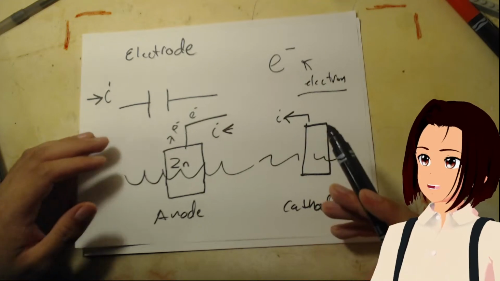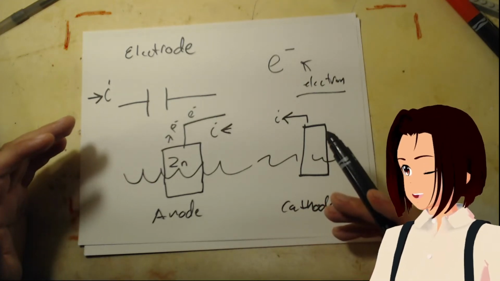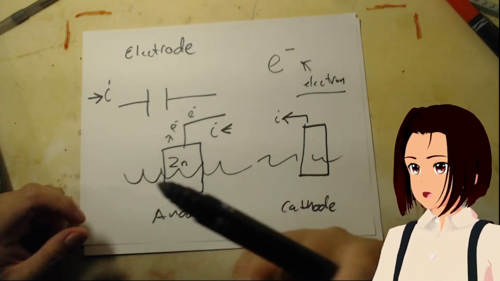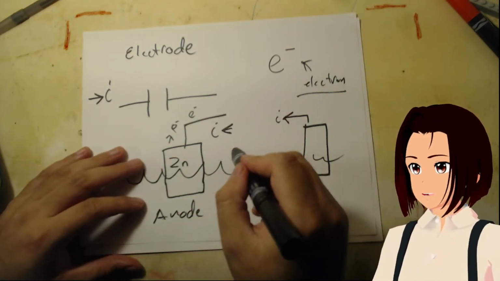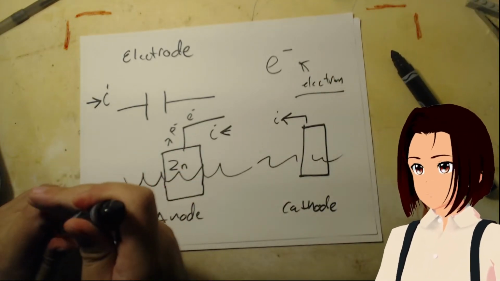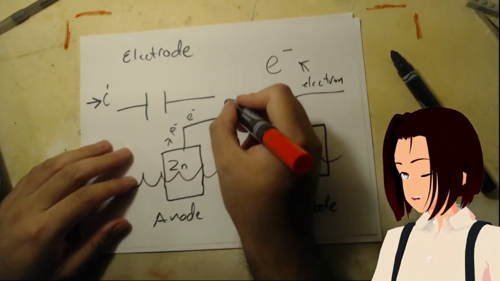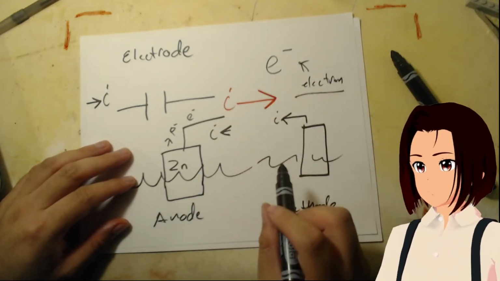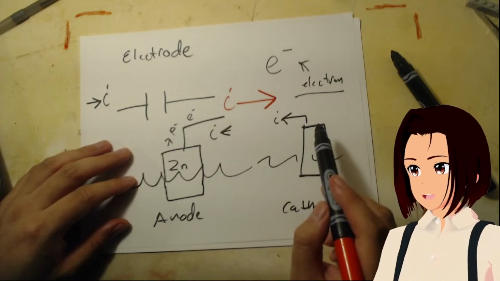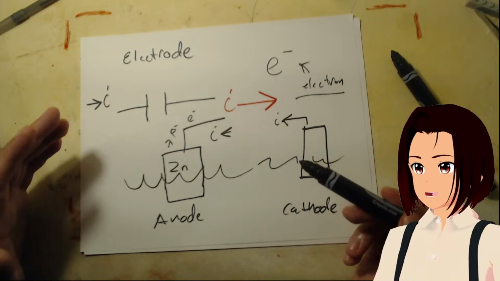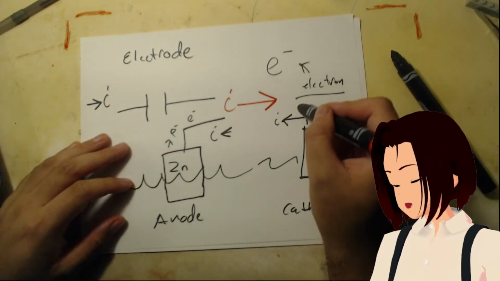Now, in a situation where the flow of current goes the other way, say we have current flowing this way, what does that mean? It means the electrons are going the other way now.